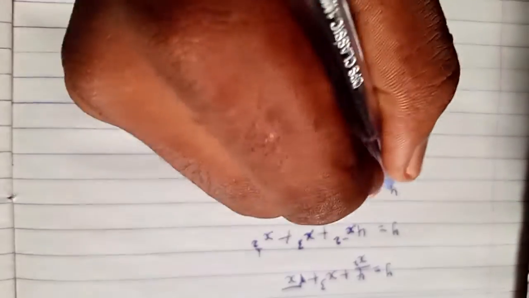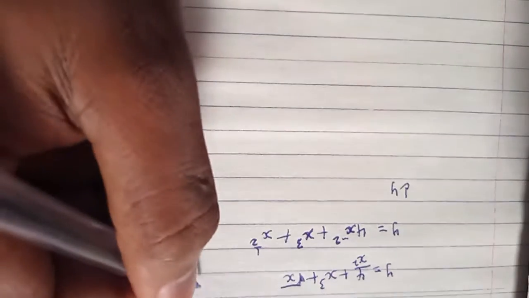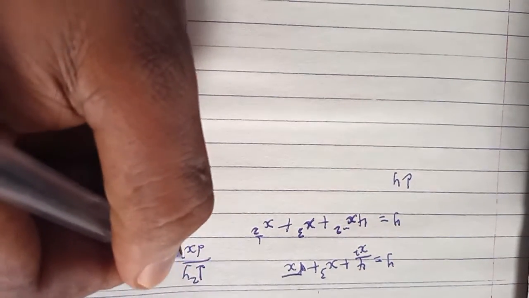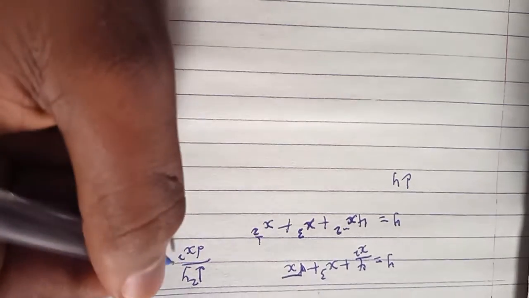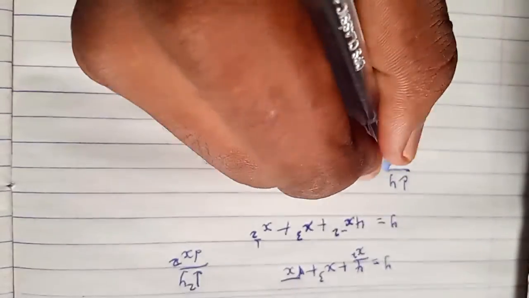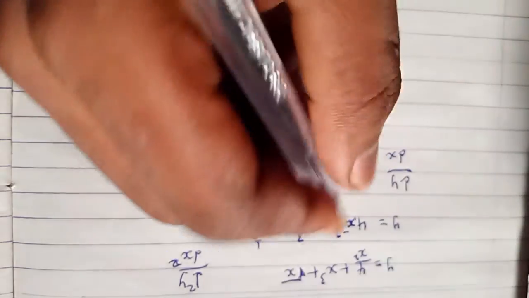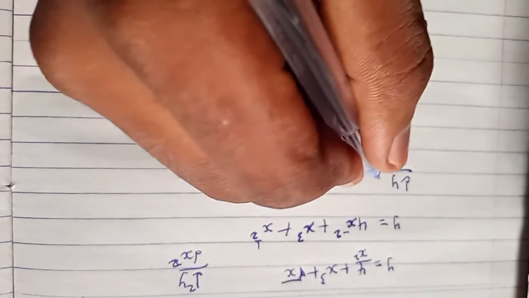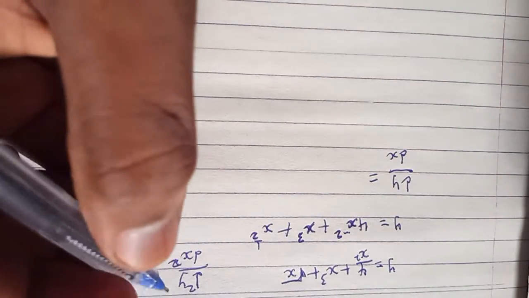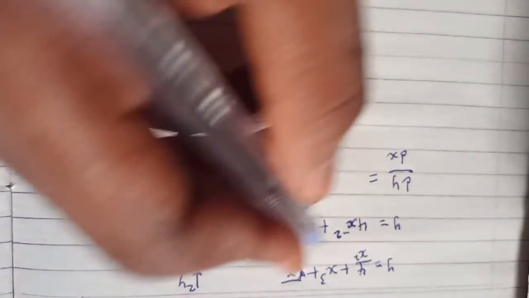We will have dy/dx, but we were told to find d²y/dx². That means differentiating it twice. So let's find dy/dx and then find d²y/dx², because that's the only way we can do differentiating it continuously till we get to where they want us to get to.